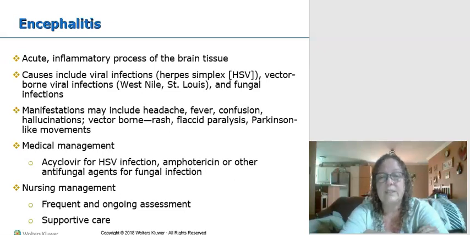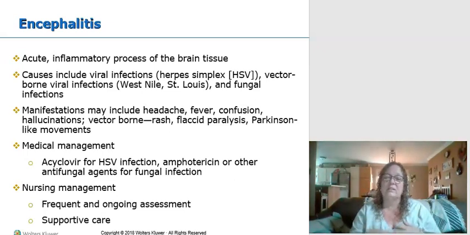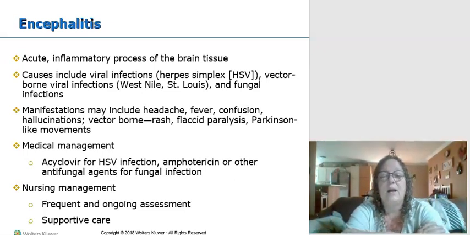The manifestations may include a headache, fever, confusion, hallucination. If herpes simplex or West Nile is the cause, you may have a rash, flaccid paralysis, Parkinson's-like movement as potential signs and symptoms.